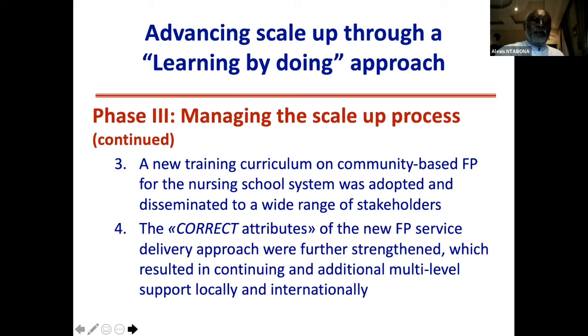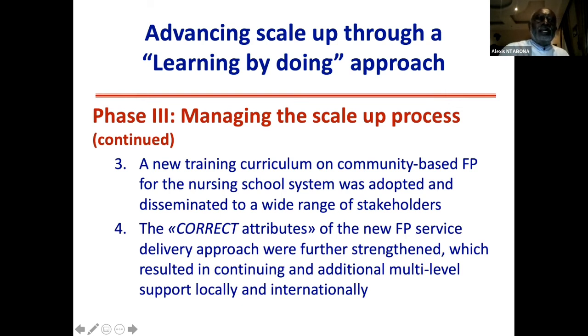And the fourth one, and the last, which was actually critical during the two initial years of implementation, remember the correct attributes. We wanted to see how, in the process of implementing, some of these can be strengthened.